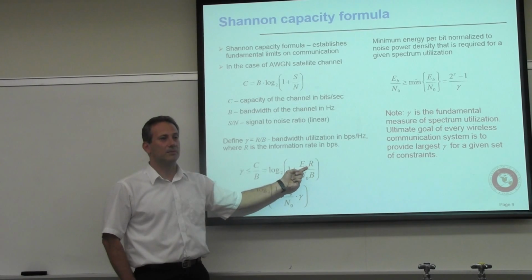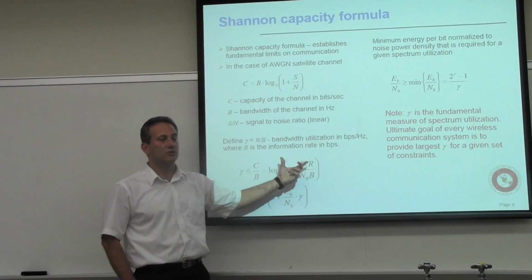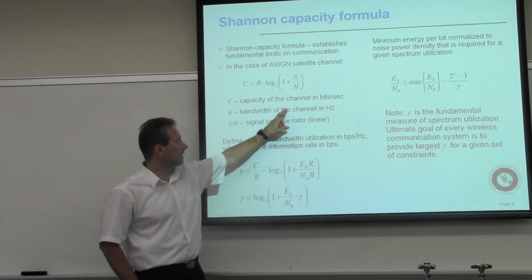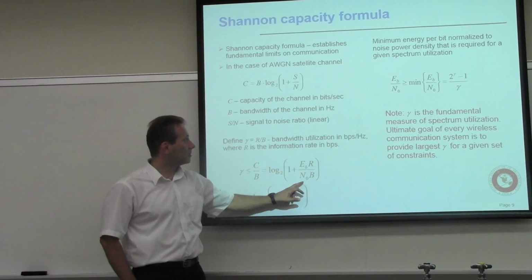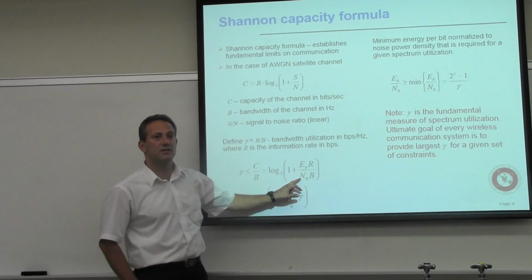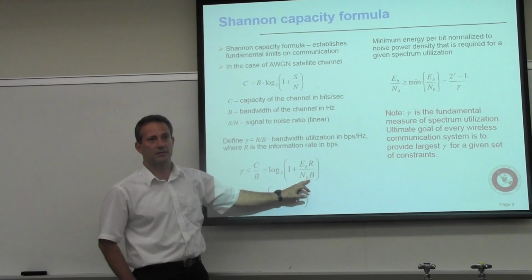So if I'm signaling at 1 megabit per second, and the energy per bit is this much, the product of those two will give you power. So I can represent the signal power as EB times the rate, and the noise as the power spectral density of the noise times its bandwidth, right?